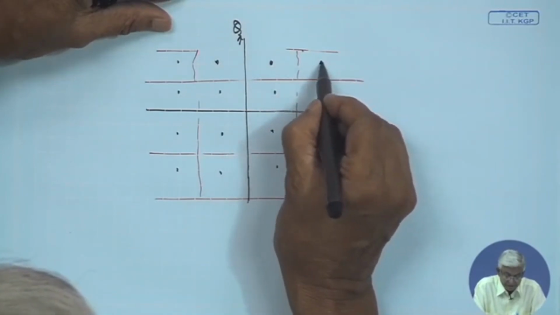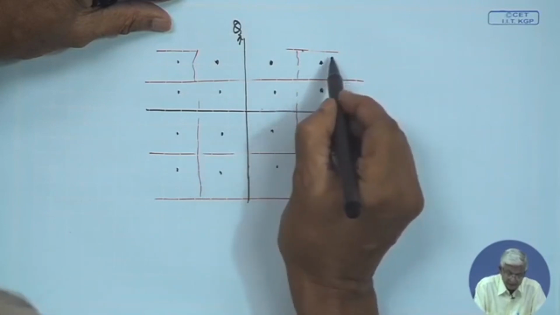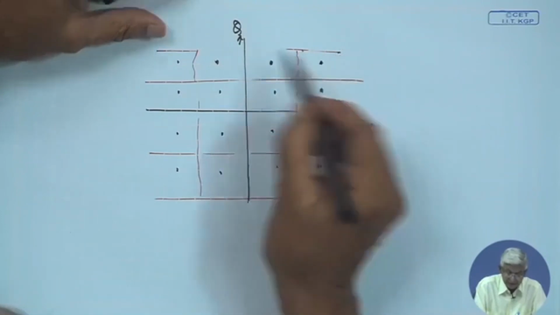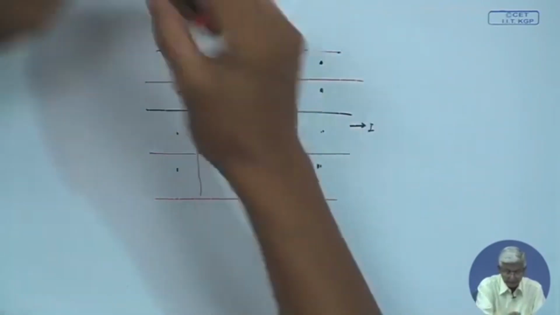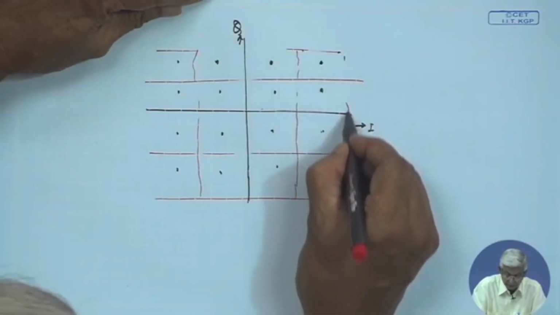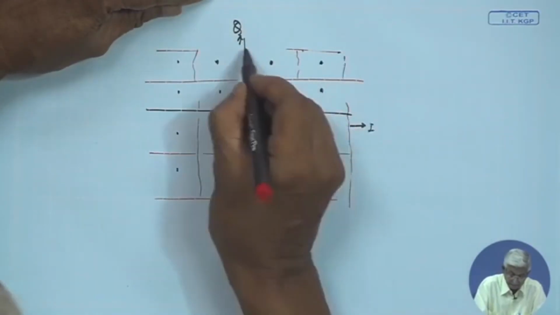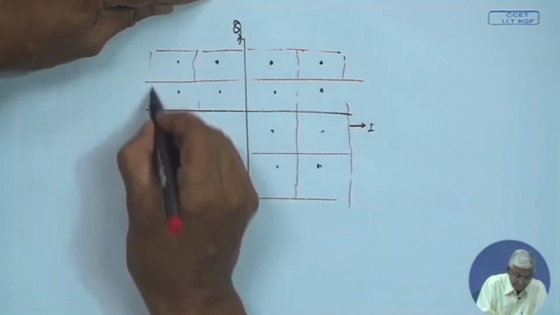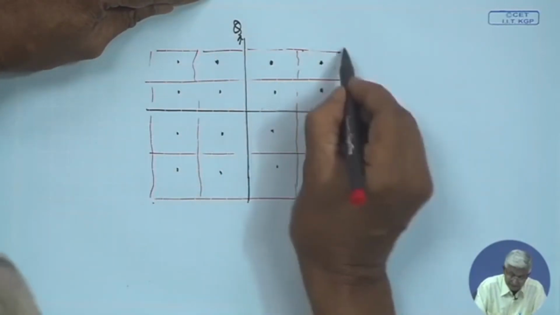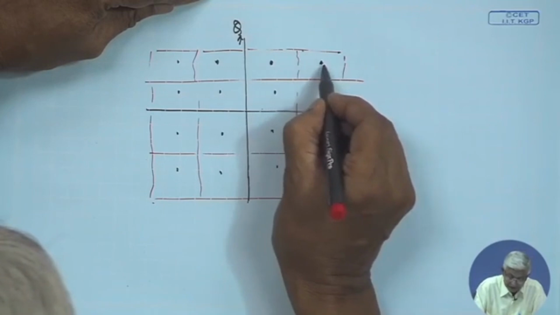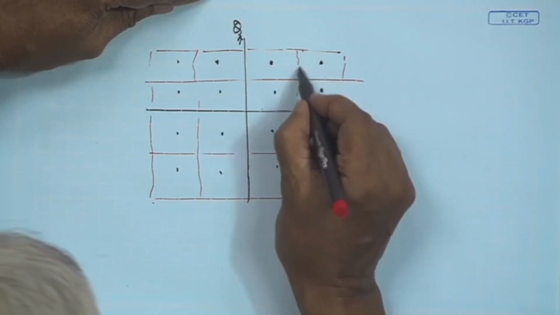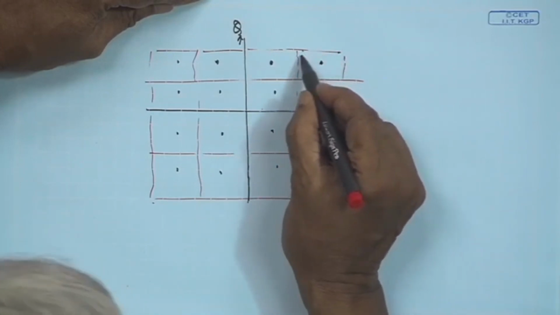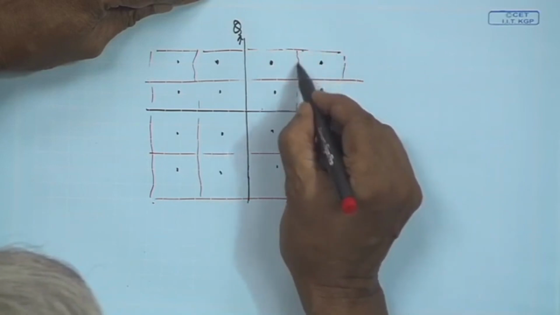Now, if this is detected properly, this detection can take place within a decision boundary. So, we can call that this decision boundary is in this square.